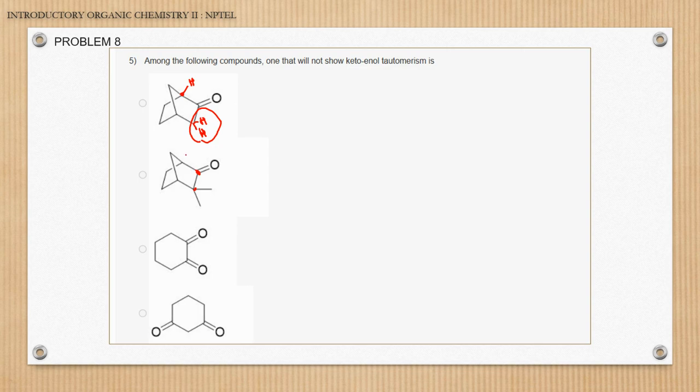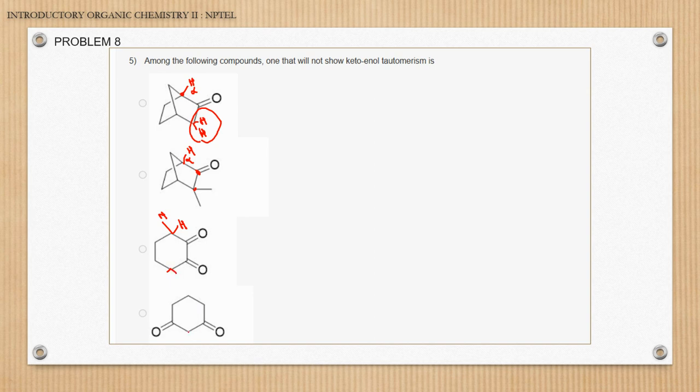But if you see in option B, you have only this bridgehead proton, and this position is blocked as you have two methyls present at the alpha position. See, this is also the alpha position. And if you locate the alpha protons for option C, you can see that yes, here you have four alpha protons.